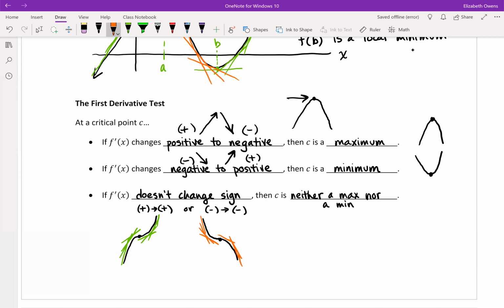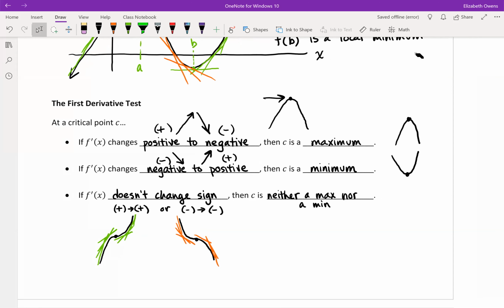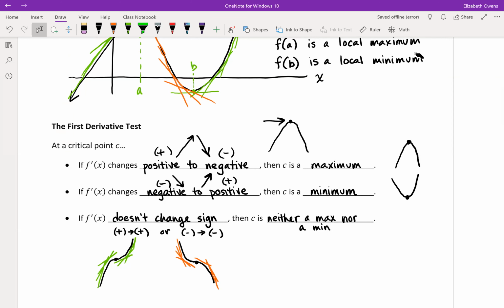You can see that that's the same scenario, just reversed. Our critical point is not a maximum or a minimum. It looks like a minimum from one direction, looks like a maximum from the other direction. It can't be both at the same time, so it's neither. All right. So that's the idea of the first derivative test.